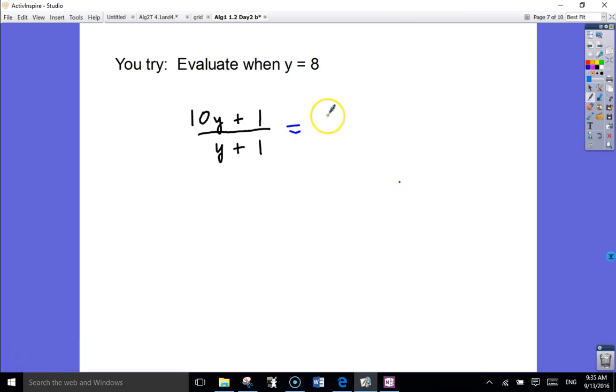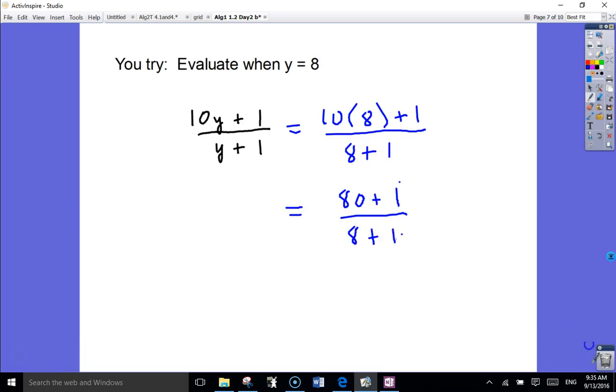I substitute two places. 10 times 8 plus 1 divided by 8 plus 1. Okay, now in the numerator, going to the numerator is like going inside grouping symbols, right? And what's the first operation? 10 times 8 is 80.